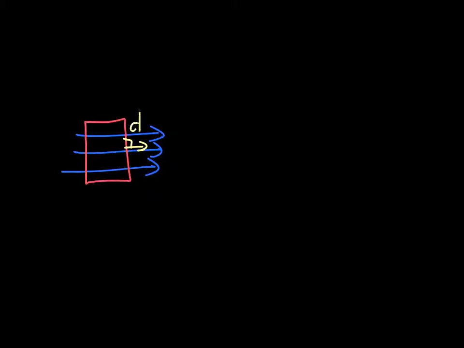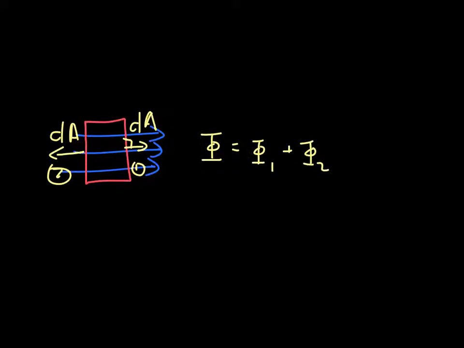So let's get a brief understanding of what this is. If you've got some electric field permeating space, I'm going to make a rectangle right here. On this side, this would be dA. On this side, this is dA. I'm going to call this side 1, and this side 2. The flux would be the flux through side 1 plus the flux through side 2.